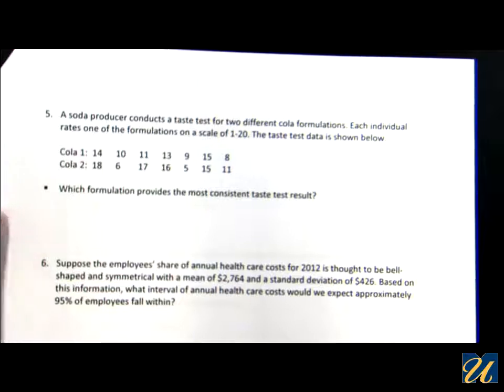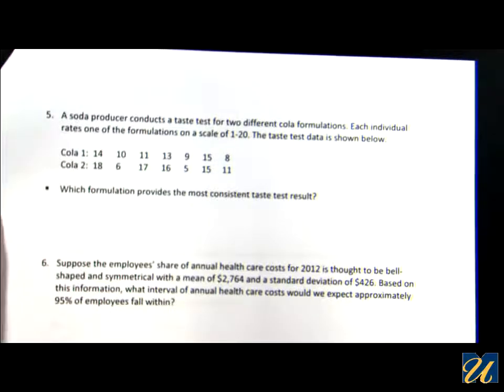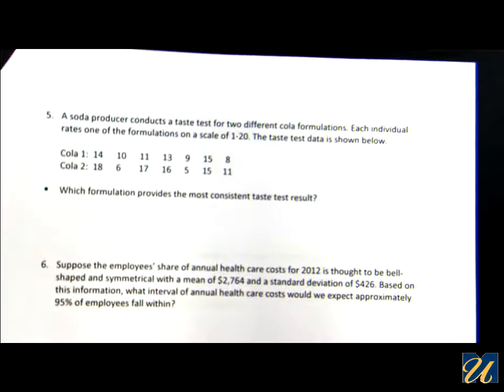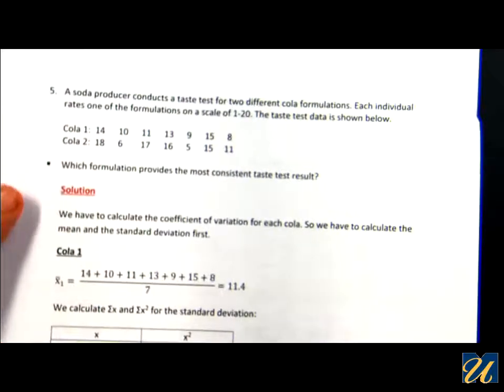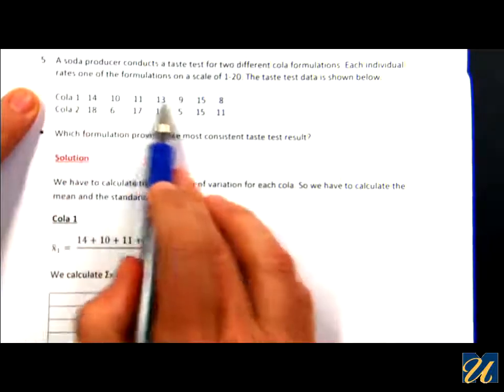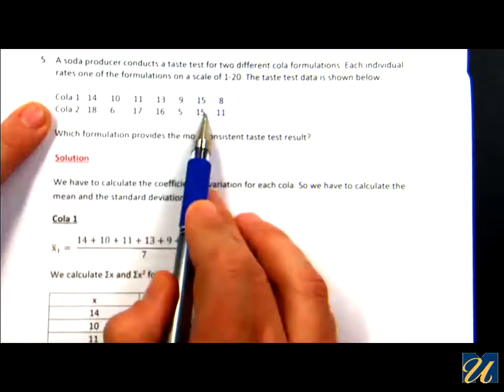We would have to find the coefficient of variation to do so. So let's start with the first group, cola 1, the second group, cola 2.